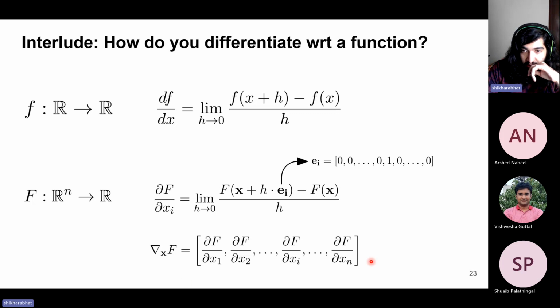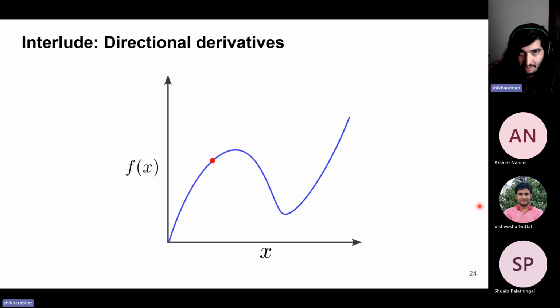This is a way of differentiating with respect to a vector, but there is some more general notion which I will try to illustrate, and it only occurs in higher dimensions. If I have a one-dimensional function little f, and I ask you what is the derivative at some particular point, you know exactly how to do it geometrically.